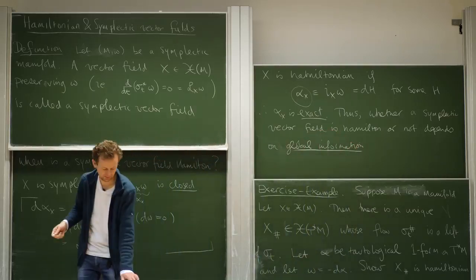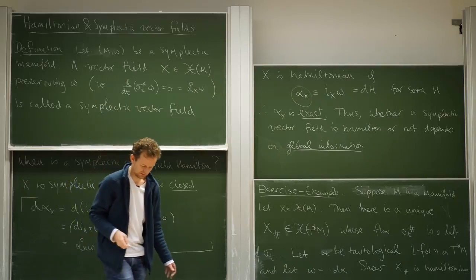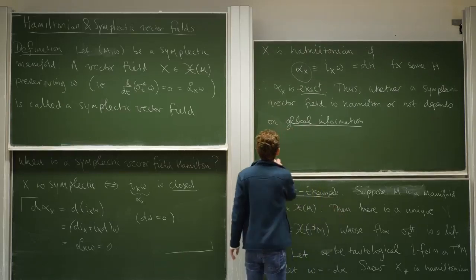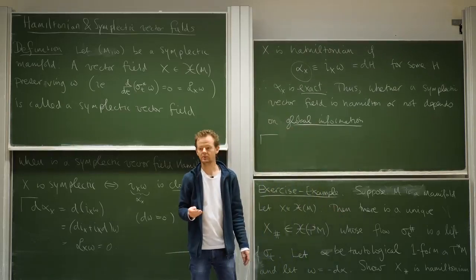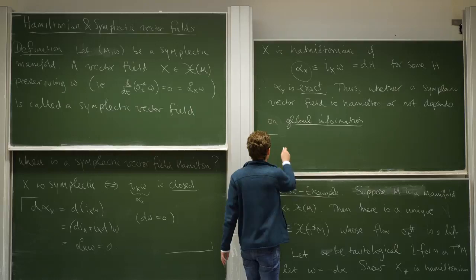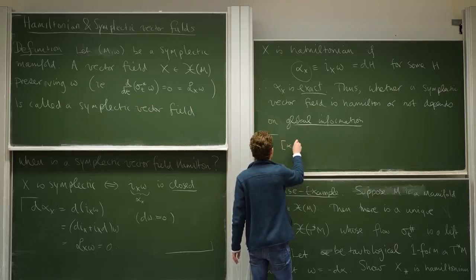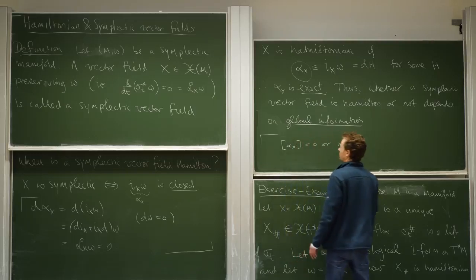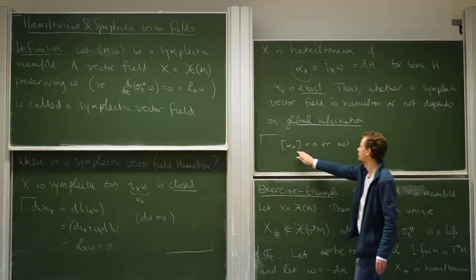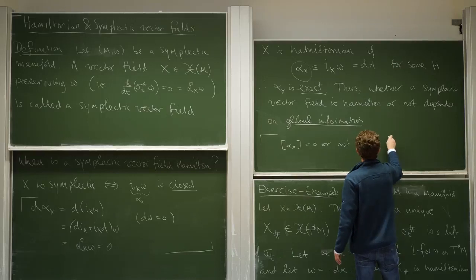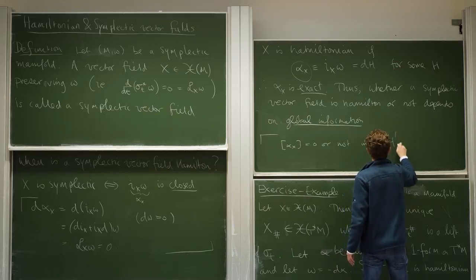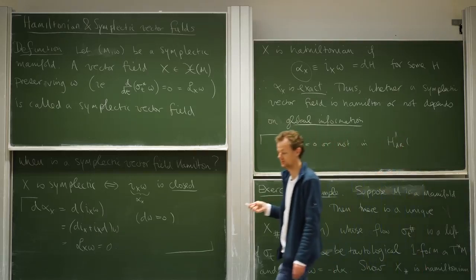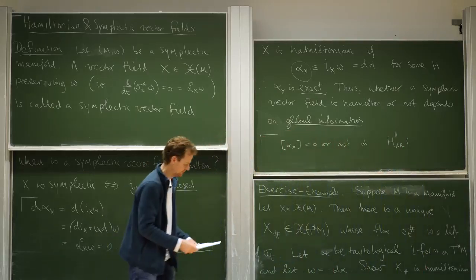Now, we're not going to discuss cohomology in this course, but if you're familiar with de Rham cohomology groups, then it's equivalent to asking if the equivalence class of this 1 form is trivial or not in the de Rham cohomology group.